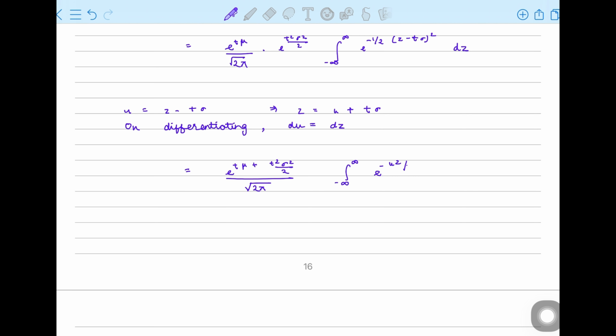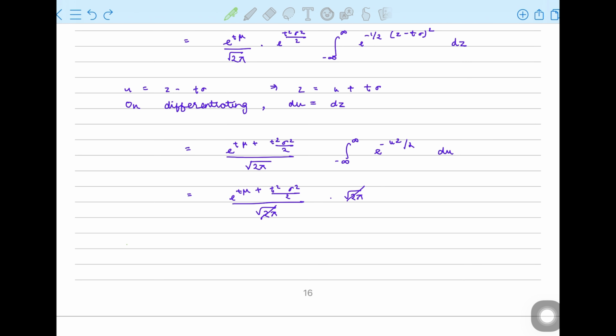On solving this integral, we get the square root of 2 pi. From here, we get the final MGF.